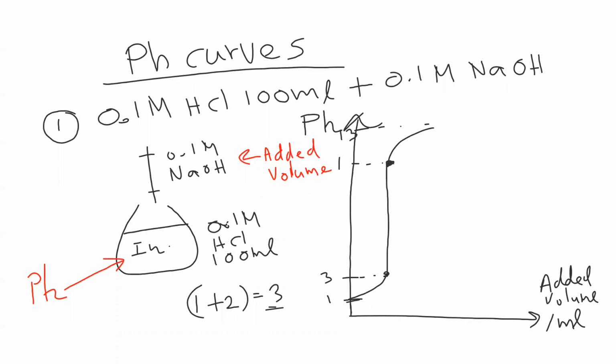That means 11. In the middle of the rapid pH range, there is the equivalence point. Here, this is a strong acid, strong base reaction, so it's around 7. That's the story.